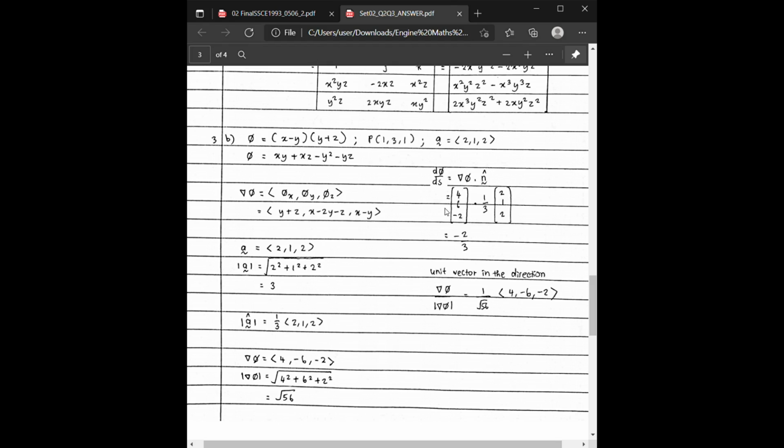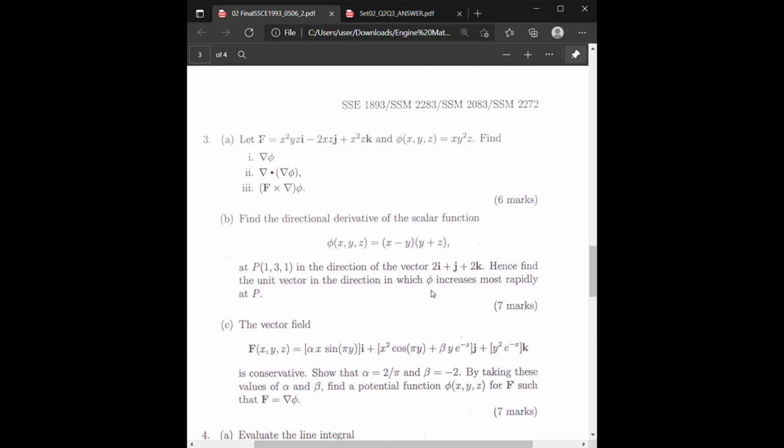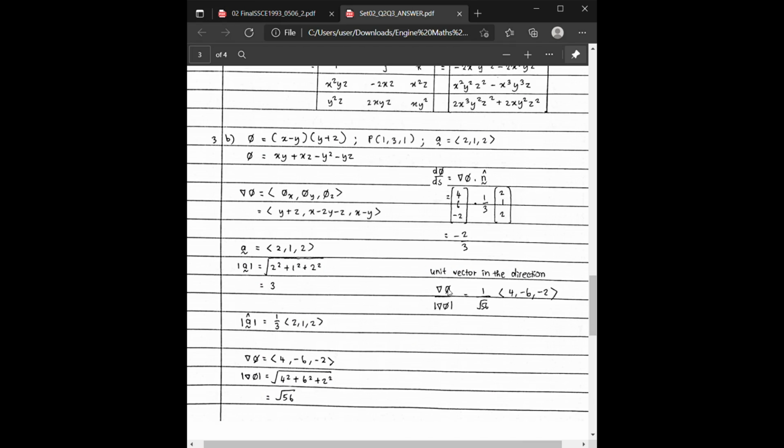From this we get that our del gradient is (4, -6, -2), with dot product with 1/3 (2, 1, 2). Thus we get the unit vector in which our gradient increases most rapidly at P, which is 1 over square root 56 times (4, -6, -2).